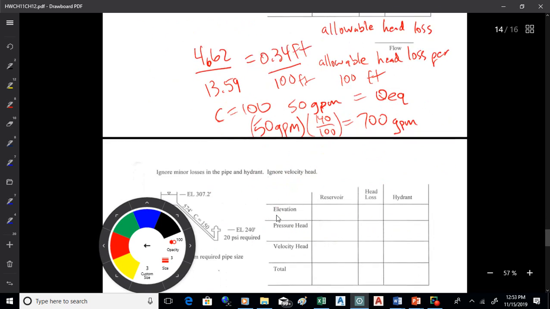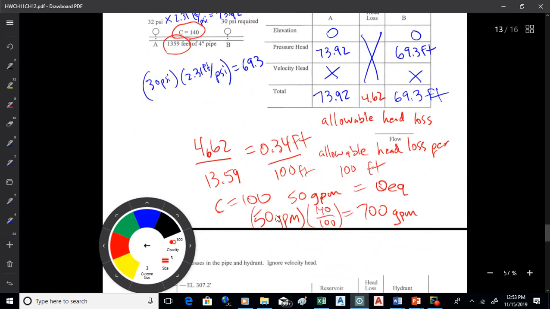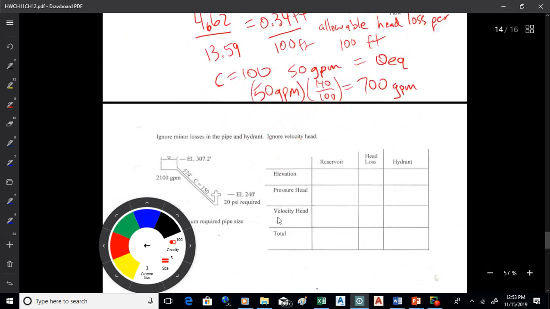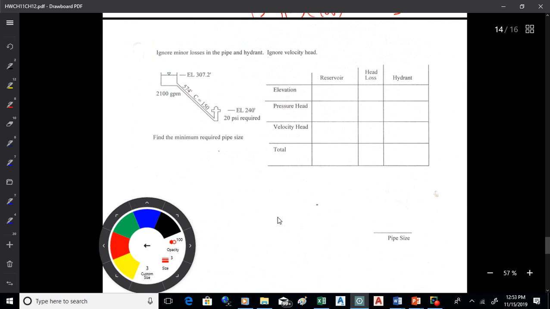And then the last one there is a similar deal. So 307.2 for the elevation at the reservoir. At the hydrant, we have 240.